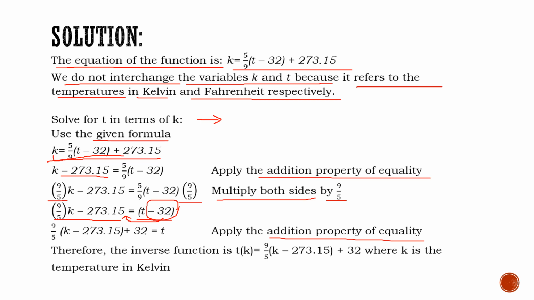Now T is equal to 9 over 5 multiplied by K minus 273.15, plus 32. Therefore, the inverse function is T of K equal to 9 over 5 times K minus 273.15, plus 32, where K is the temperature in Kelvin.